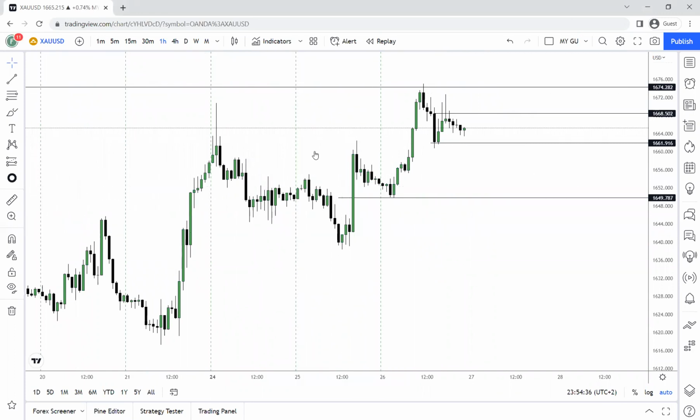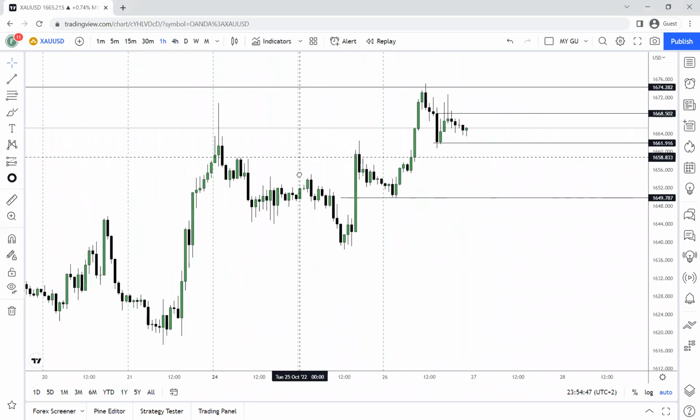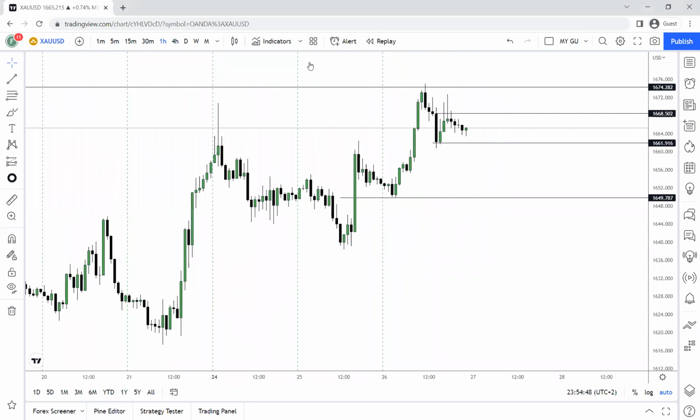When I say we're going to use the day before yesterday, we are using the market from this line right here to this area right here.